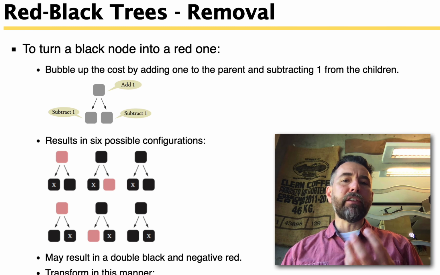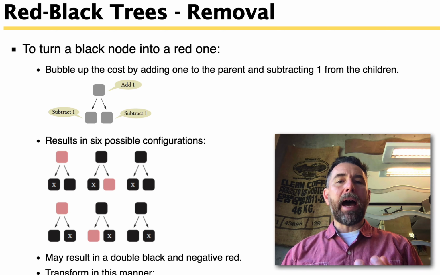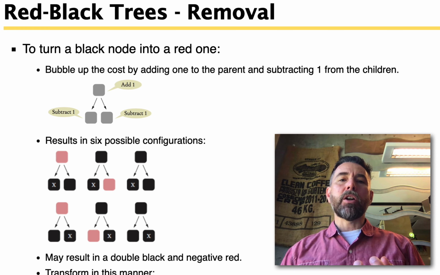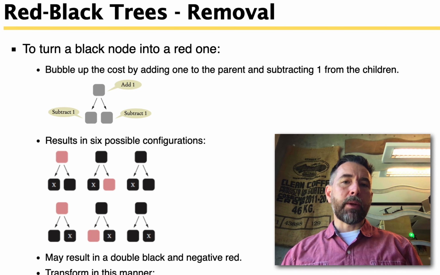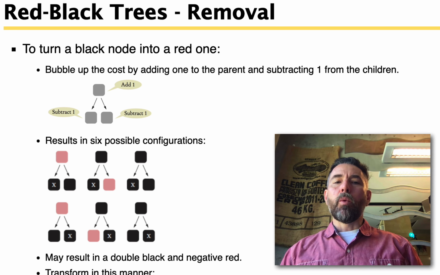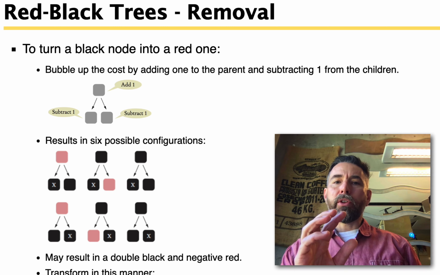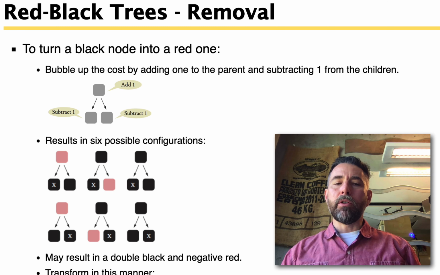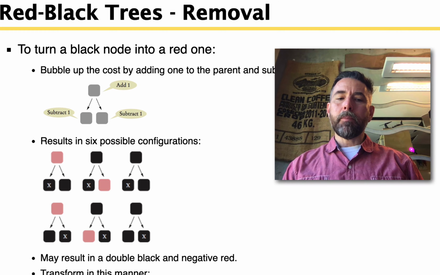So we have to find the exit cost; we have to take that toll from the path from somewhere else. If we have gray nodes and think about it abstractly, we're going to remove one of the nodes and we want to add a toll booth cost to our parent, and we want to remove it from the children. Depending on the situation that we're in, we might do that in different ways.